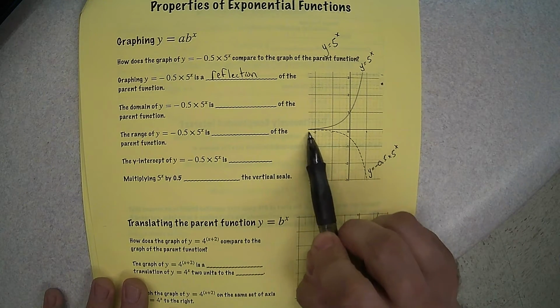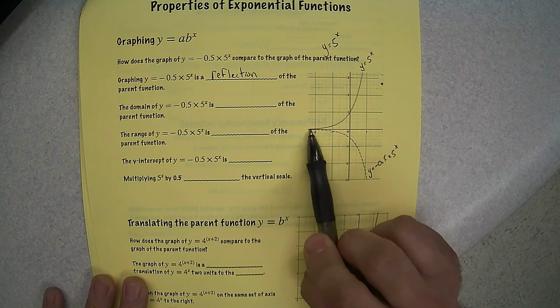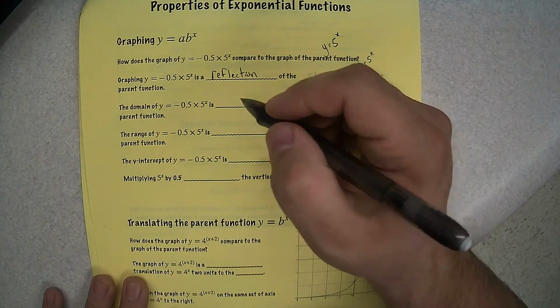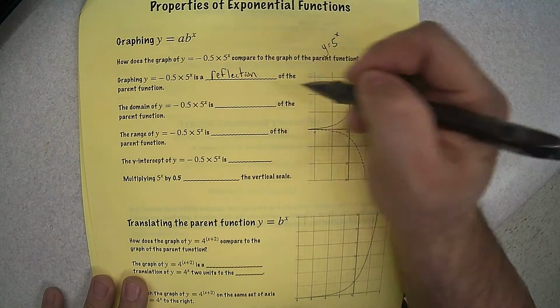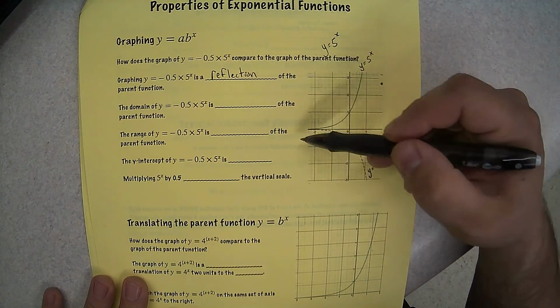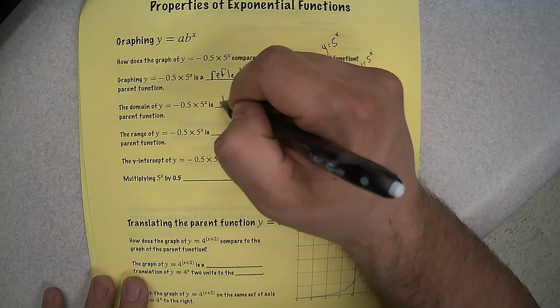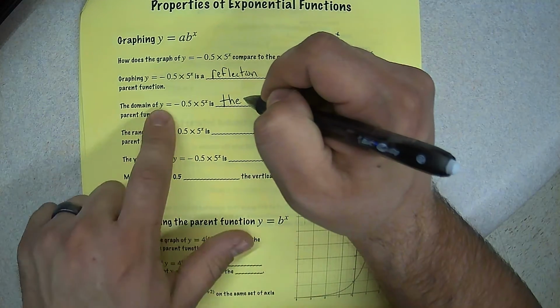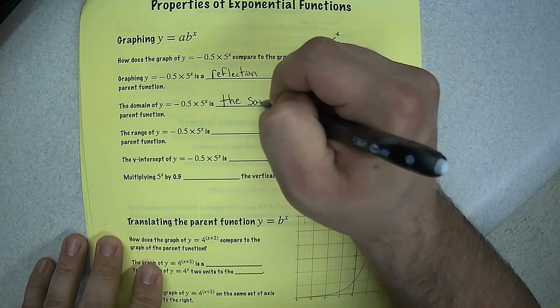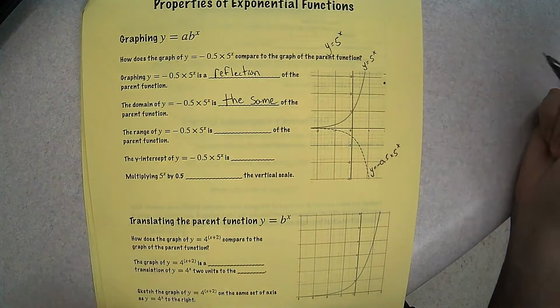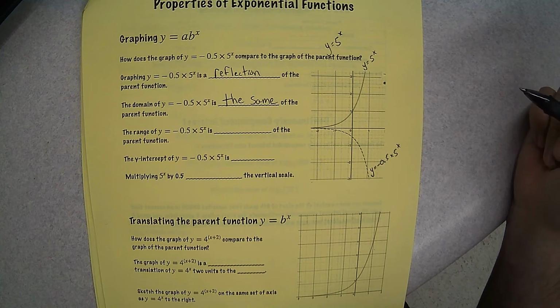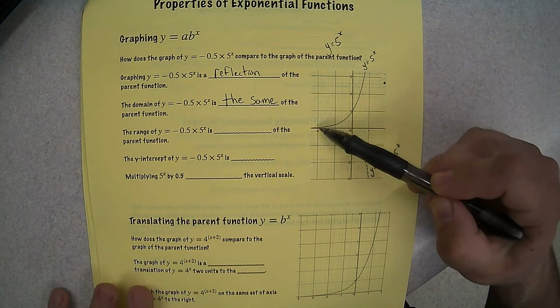Now our domain is all possible x values. We talked about how all of our x values for these will be all real numbers, and for both of these we can see our x values remain the same. So the domain of this is the same as the parent function. Now the range is our y value.